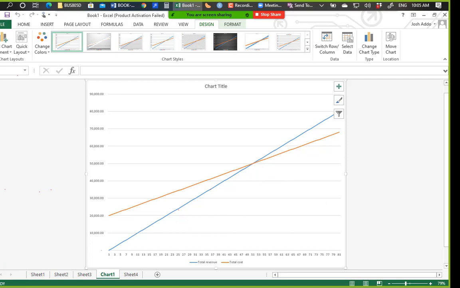So you see where they cross, that is where break-even is born. Okay, so this is the basic break-even chart. The total revenue line, the total cost line, where they intersect is the break-even point. When you trace it down to the quantity axis, and of course, this one is going to use a scale.